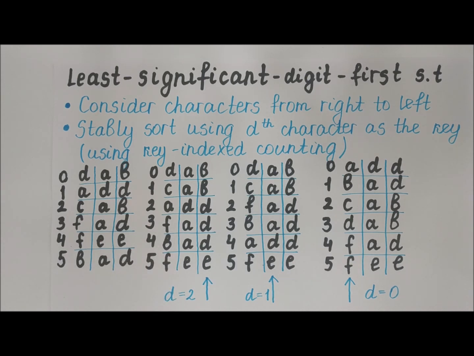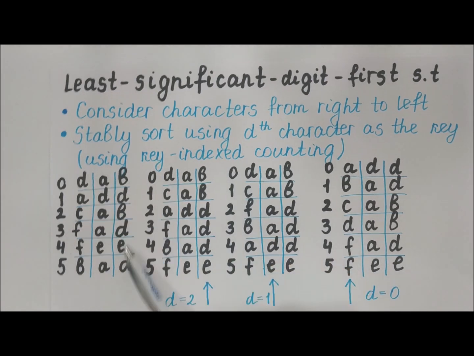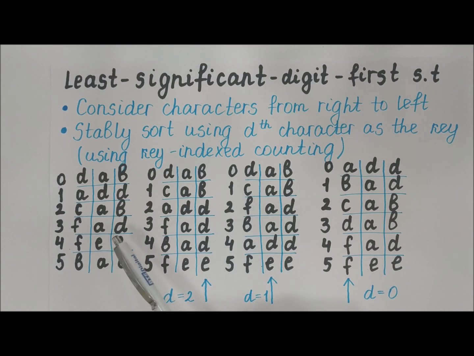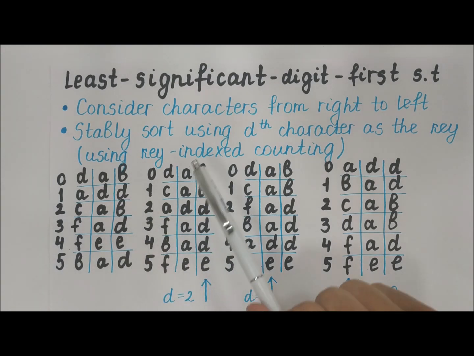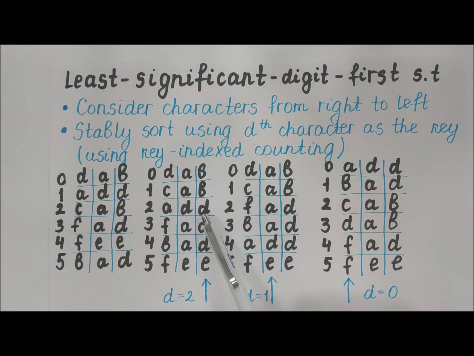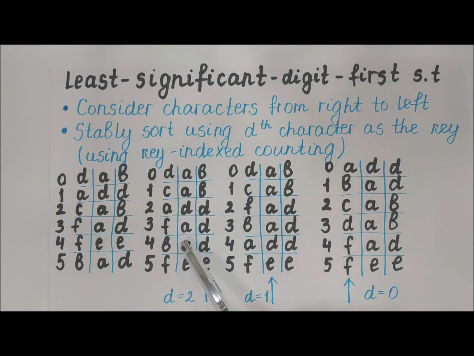At first, we will assign D to 2, and we will choose the third column, and we will sort this by the key-indexed counting algorithm, and we will get B, B, D, D, D, E. And we will decrease D to 1, and we will choose the second column, and we will sort this by the key-indexed counting algorithm again.